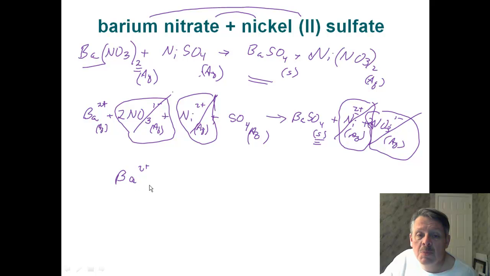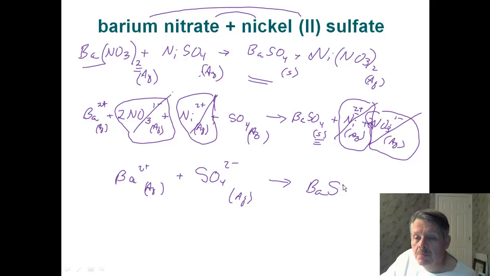And that's barium, which has a 2+ charge, which started out as being aqueous, and sulfate, which had a 2- charge. It's also aqueous. And what we're producing is barium sulfate, and barium sulfate is in fact a solid. All right, so that's a full example.